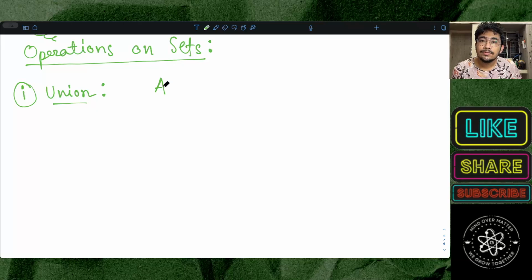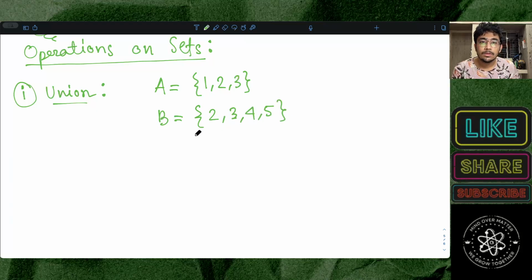Suppose I have a set A that is 1, 2 and 3, and I have another set B, 2, 3, 4 and 5. Then I can make another set called A union B, and that contains all the elements in A and B without repeating.